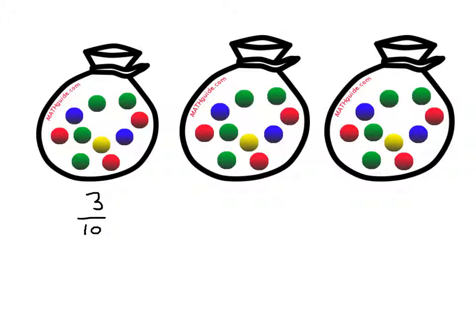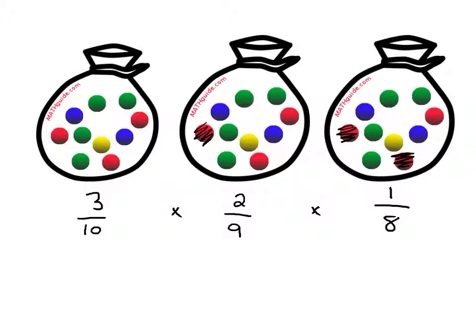And say if I leave that marble out, we can't count them anymore because it's in my hand. So now what are the odds of pulling red? Well, now there's only 2 left and there's only 9 total. Okay, and on the third try, there's only 1 marble left that's red, and there are 8 in total. So I would multiply those 3 fractions to get my odds of pulling all 3 red ones out of the bags.